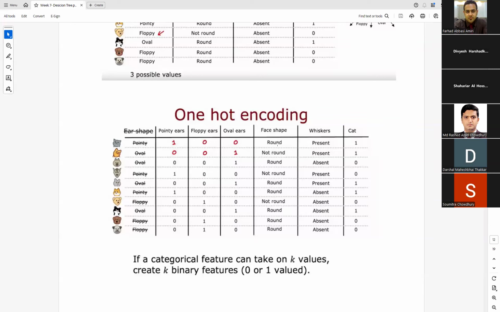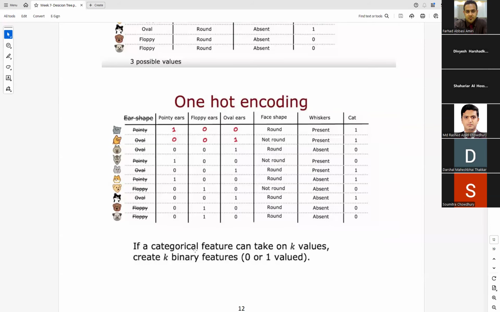So far, we have 3 columns with numbers and 2 columns, face shape and whiskers, which are categorical. The possibilities are round or not round. They're categorical values, not numbers. So if a categorical feature can take on k values, create k binary features, with 0 or 1 values. That is the task we just did.